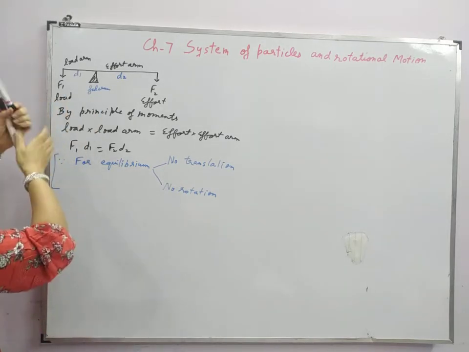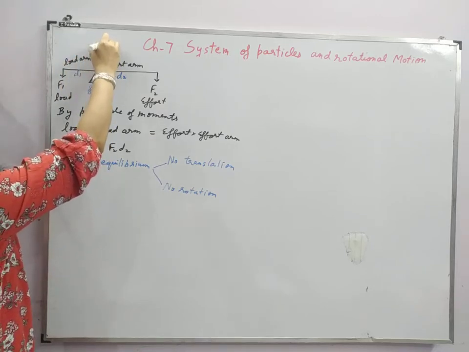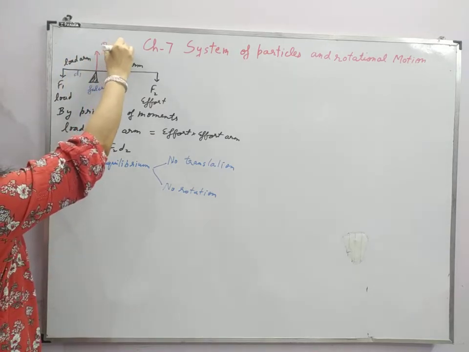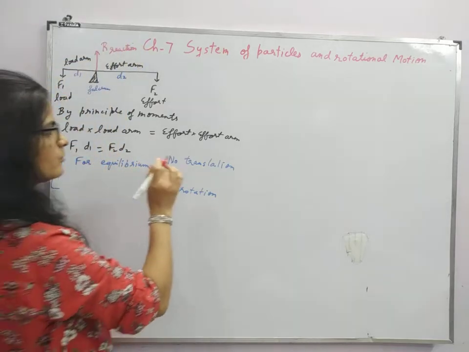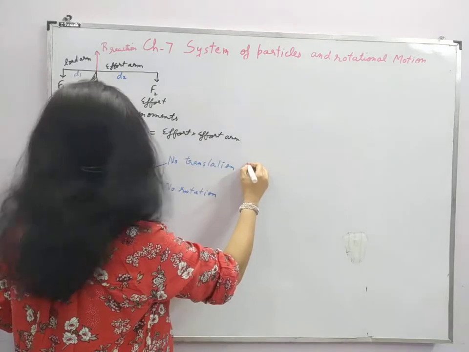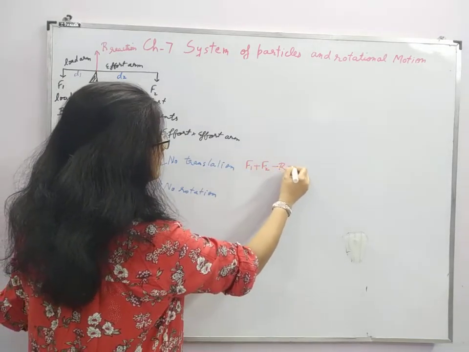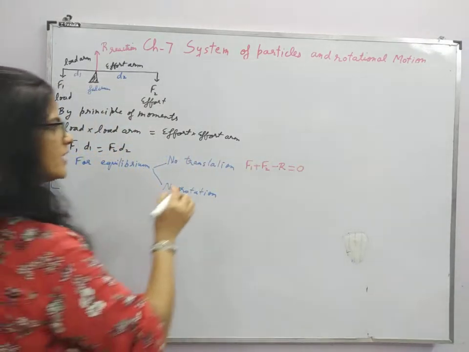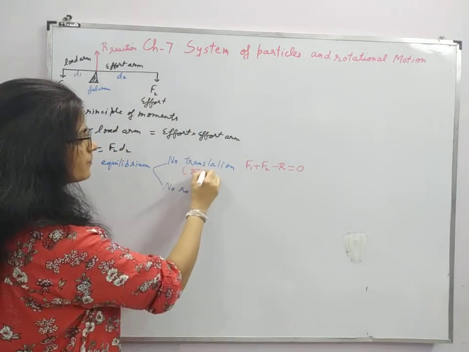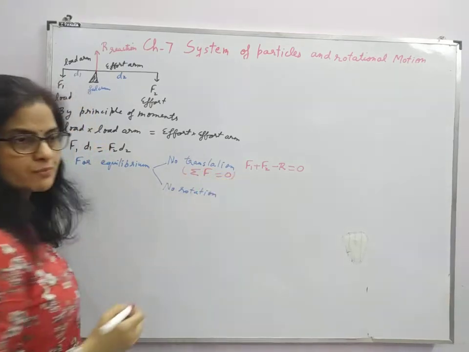If we look at this diagram, the fulcrum is here. There is a reaction of this fulcrum. So if there is no translational motion, we can say that F1 plus F2 minus R is equal to 0. R is in the opposite direction, because for no translation, sigma F must be 0, net force must be 0.